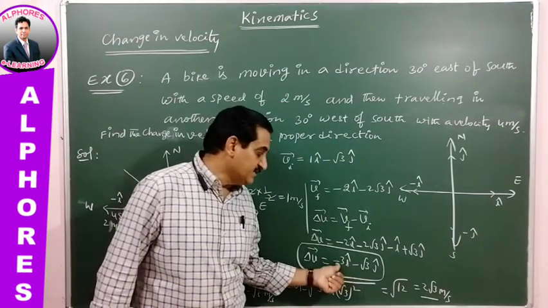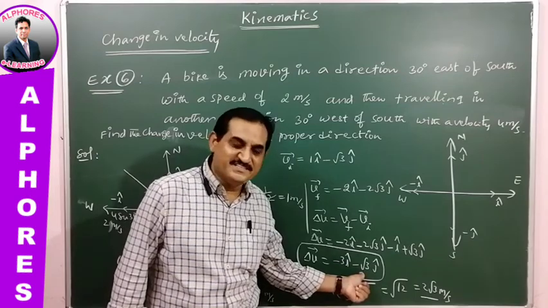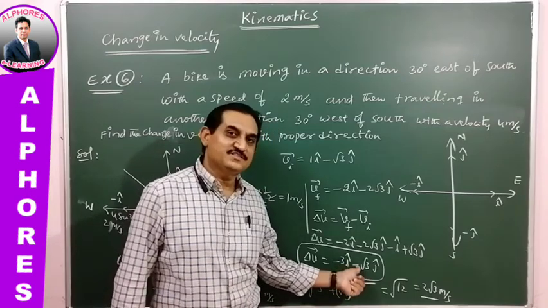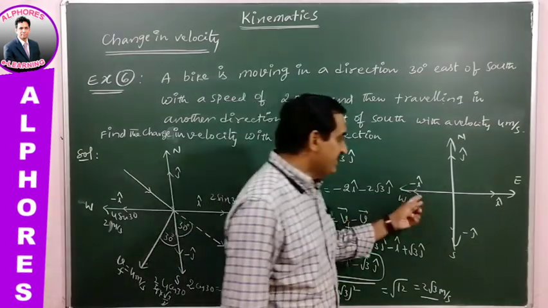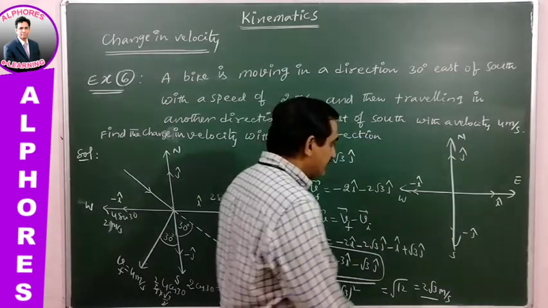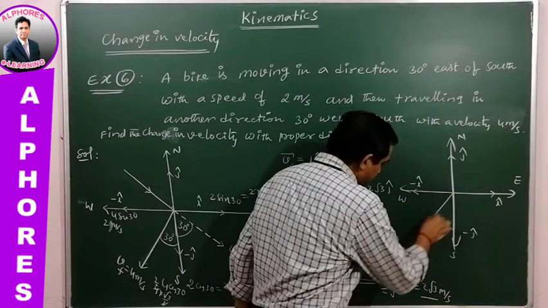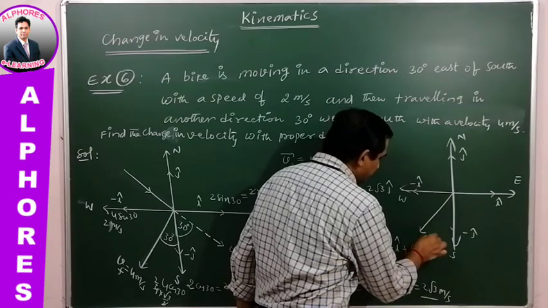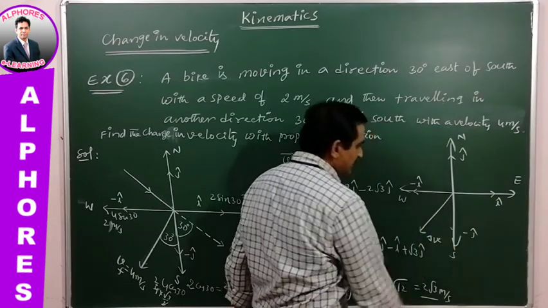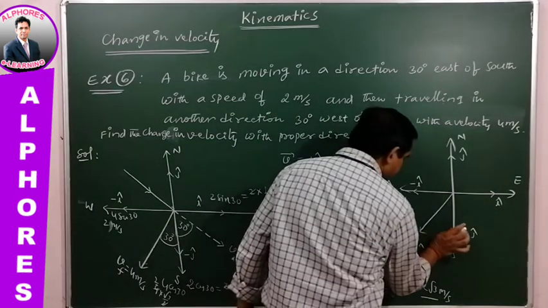Here I is negative, j is negative. Therefore I and j both are negative. That comes in the third quadrant. This is change in velocity.